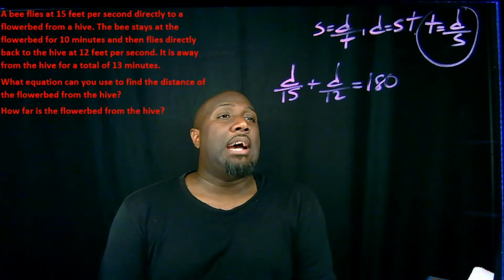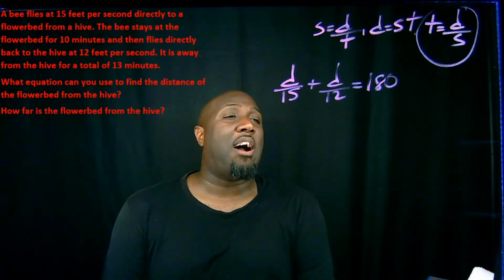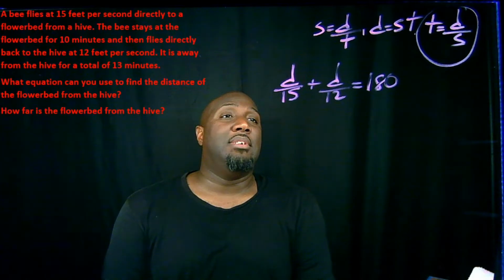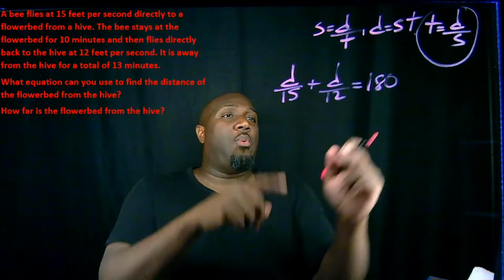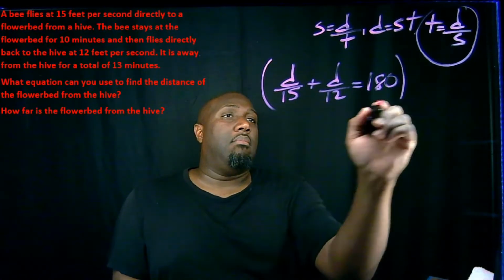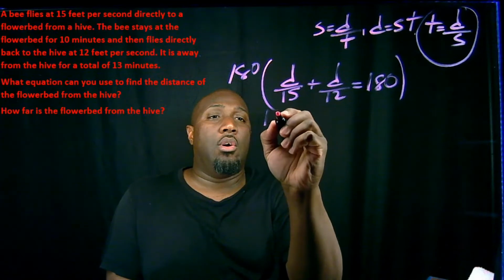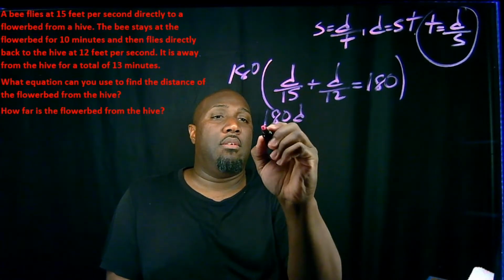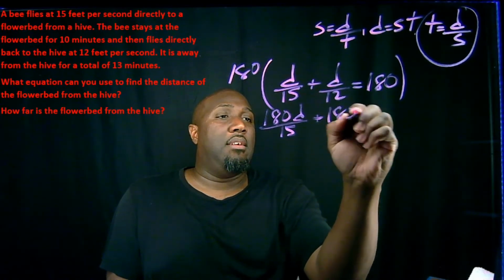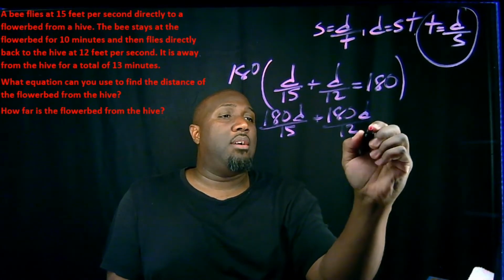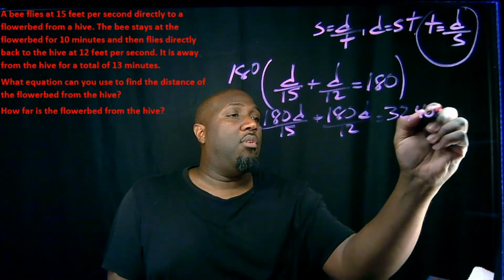Now that we have the equation, we want to solve for distance D. We can multiply the whole equation by 180. So then we have 180D over 15 plus 180D over 12 equals 32,400.